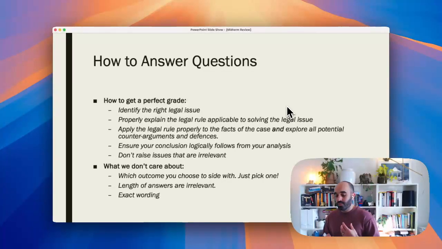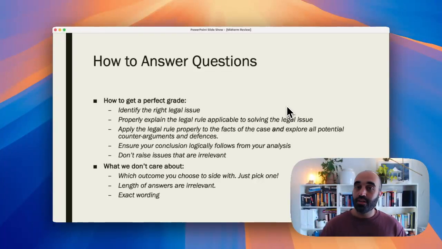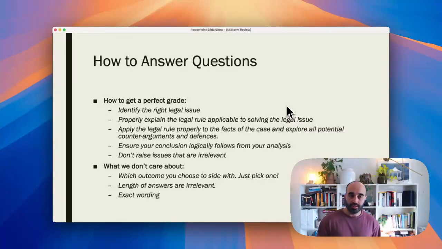So how do you take this structure and answer things effectively and get a perfect grade, right? So the first thing is to identify the right legal issue. It's difficult to do because you're given this unstructured problem. So you have to take the facts and you need to be able to identify what the legal issue is. That's the first stage, right? Identifying the right legal issue.